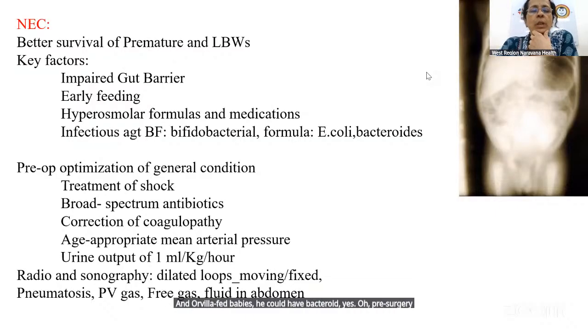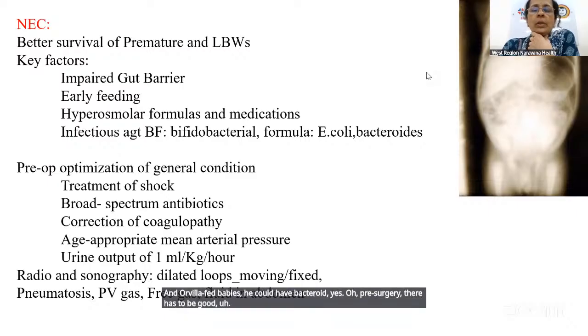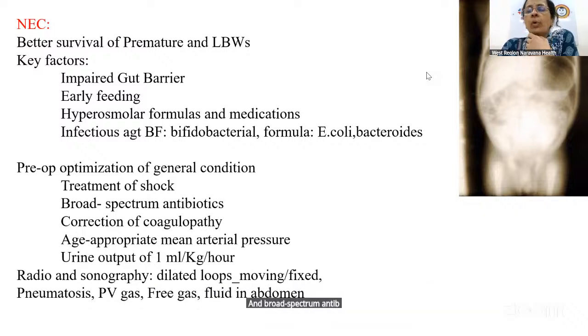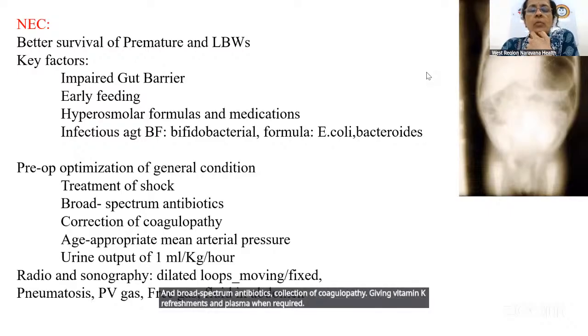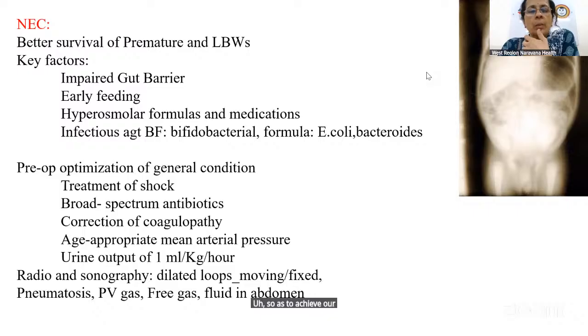Pre-surgery, there has to be good optimization of the patient by treatment of shock with IV fluids and broad spectrum antibiotics, correction of coagulopathy, giving vitamin K, fresh frozen plasma when required, so as to achieve a good mean arterial pressure and good urine output pre-op.